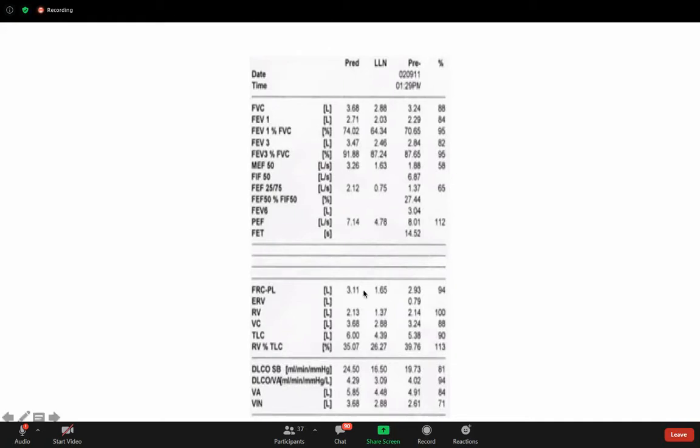What we're really going to focus on is the FEV1, the forced vital capacity, and the FEV1 over FVC ratio. That's very important for us, as well as total lung capacity, residual volume, and we'll talk about DLCO shortly.